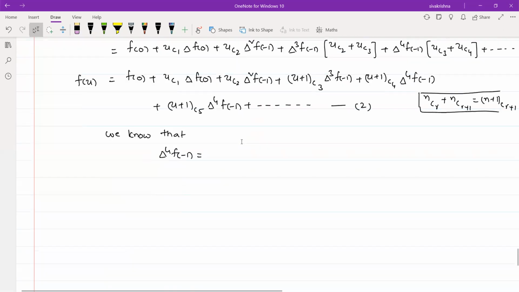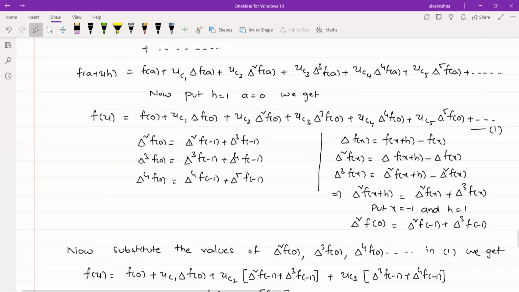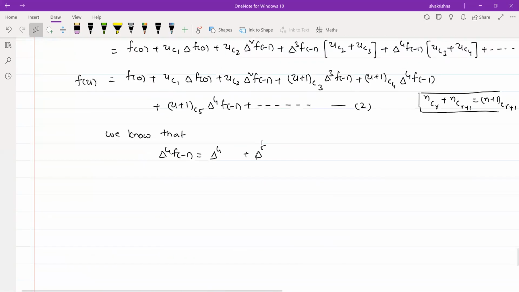It means what we have to write here is delta power 4 plus delta power 5. Whenever we are having f of 0, we have written f of minus 1 and f of minus 1, the element before 0 written twice. Similarly, here we are having minus 1, so we write the element before minus 1 two times, f of minus 2, f of minus 2. So this is the formula for delta power 4 f of minus 1.